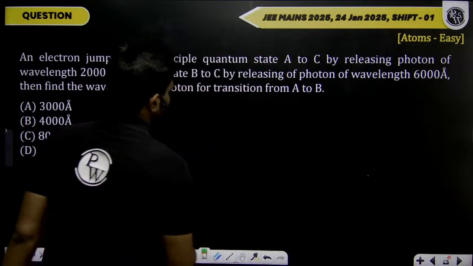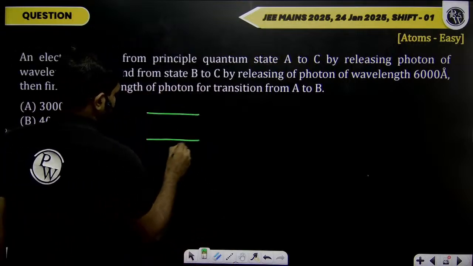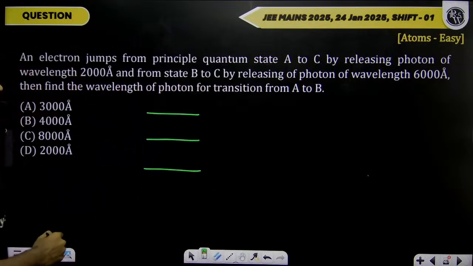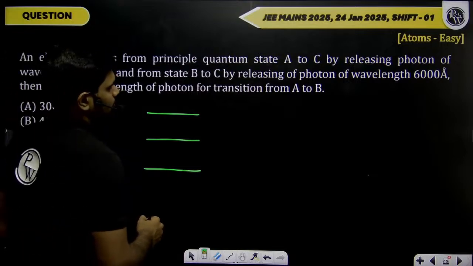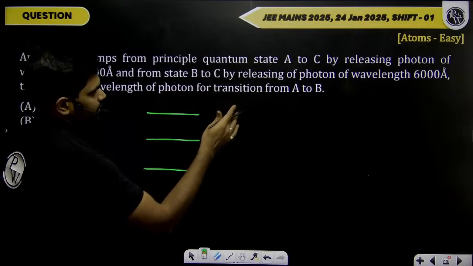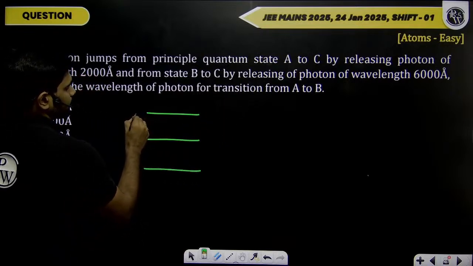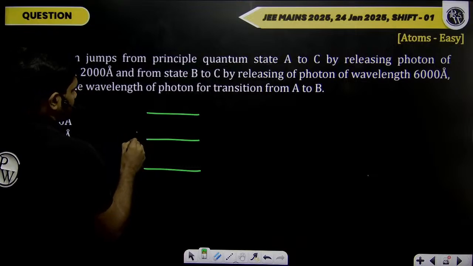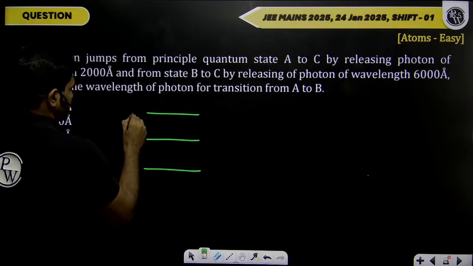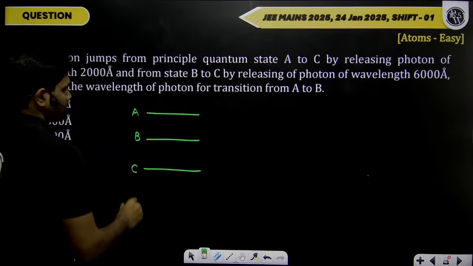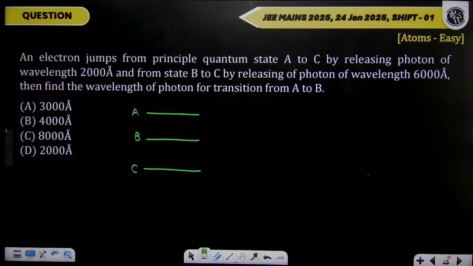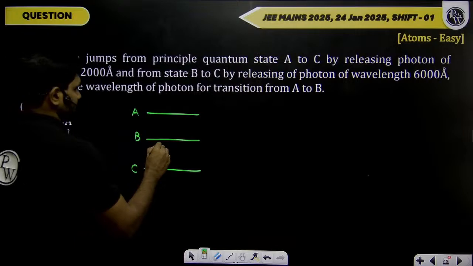So we have 3 states, and if you see the energy levels, 6000 would be this one, B to C. B to C, it is releasing 6000 angstrom.